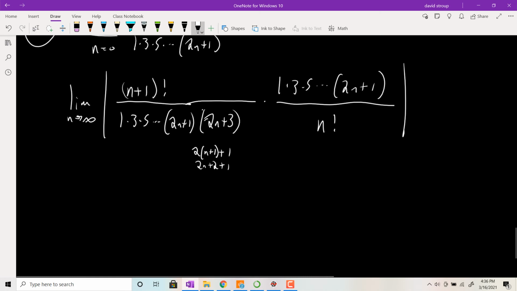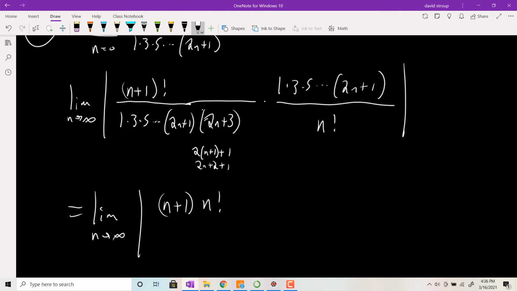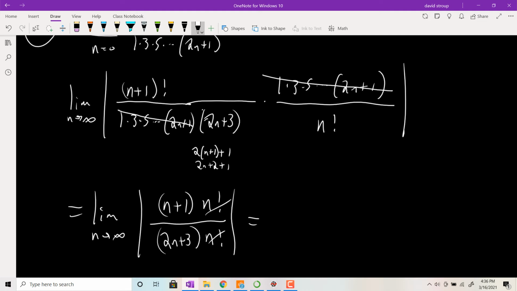Okay. And then we can do some simplification. So n plus 1 factorial is the same as n plus 1 times n factorial. The other guy, there's a huge cancellation, right? All of this junk is all of this junk. So in the denominator, you're just left with 2n plus 3 times n factorial. The n factorials cancel, and you're left with the limit as n goes to infinity of the absolute value of n plus 1 all over 2n plus 3.